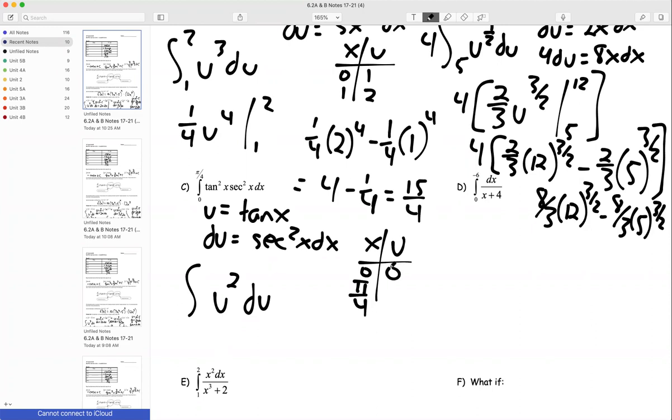What's the tangent of pi over 4? 1. No, it's just 1. Is it 1 because we've got a 45, 45, 90 triangle and the legs are the same, so it has to be 1?